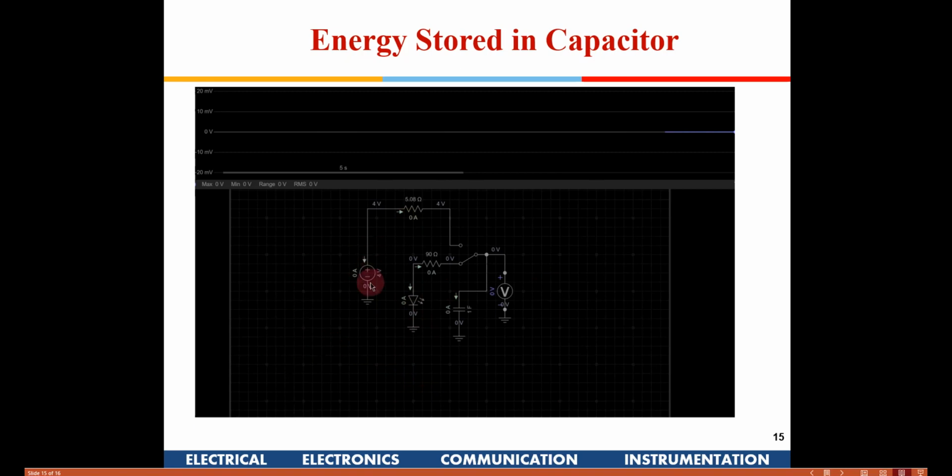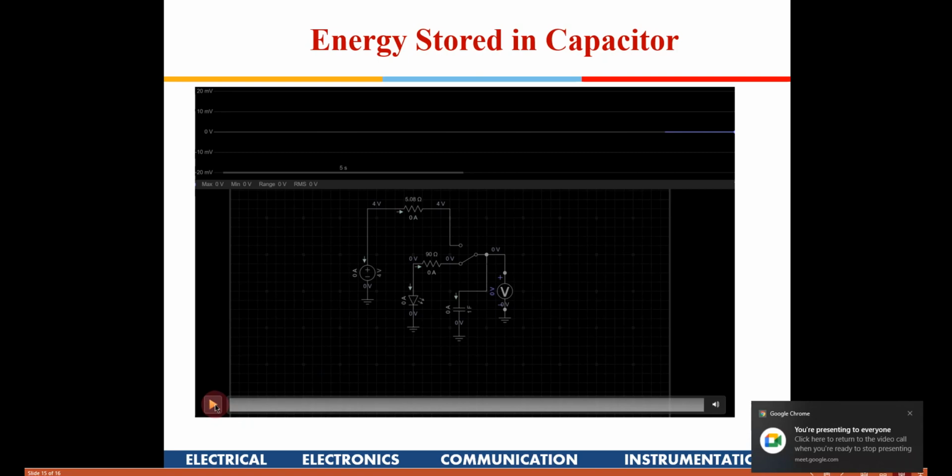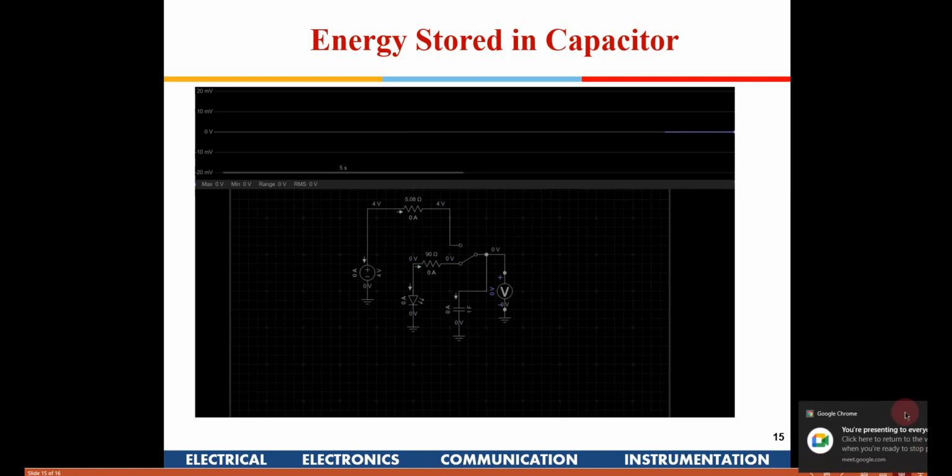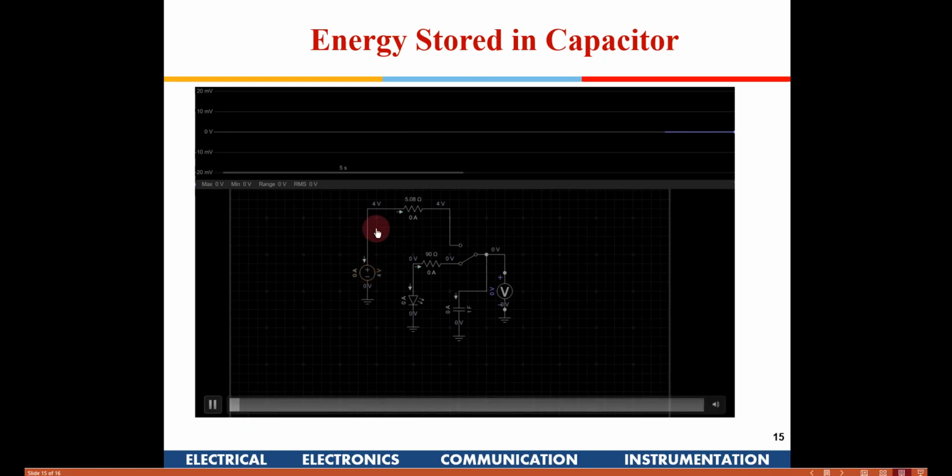Let me explain what happens, how the energy is stored in the capacitor. What I have done is, I have taken a voltage source, and there is a switch here. Initially the voltage across the capacitor is 0. I have put one resistance out here, and there is an LED out here, and I have put a voltmeter which reads the voltage across this capacitor.